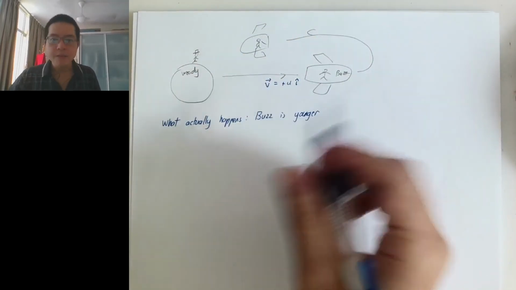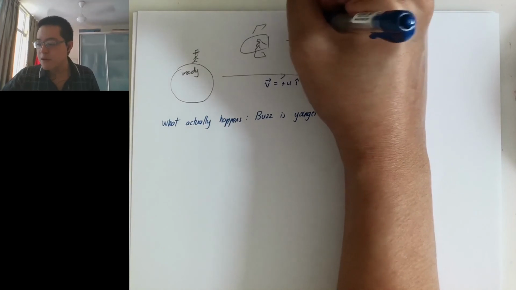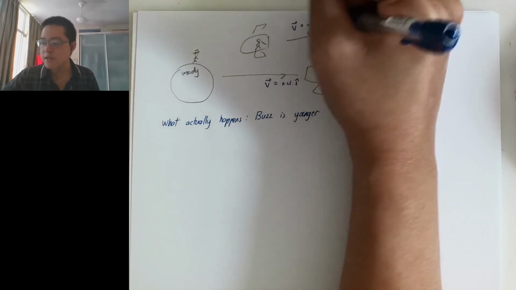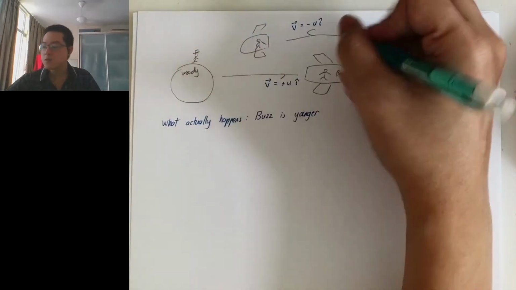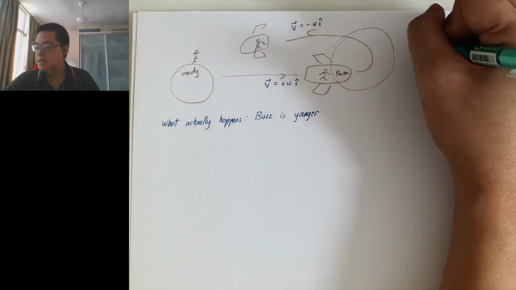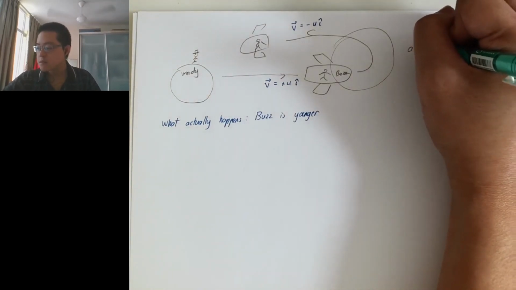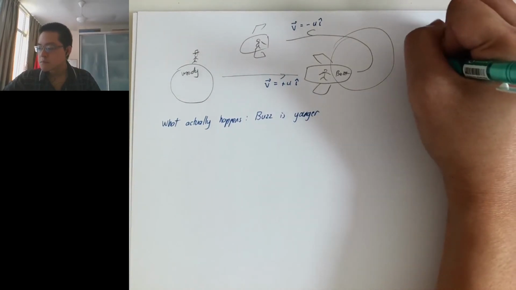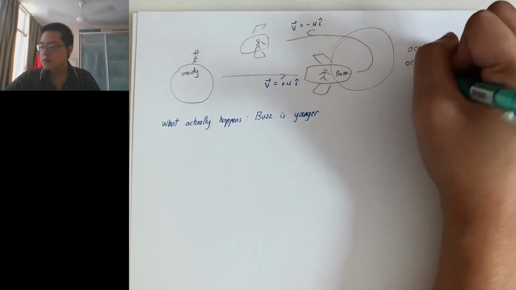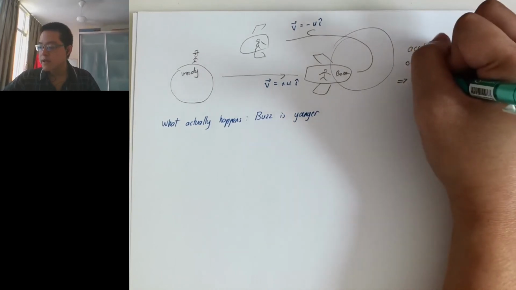When he comes back, the velocity of Buzz is in the opposite direction. So Buzz has changed velocity. That means an acceleration has occurred. So that means Buzz is not an inertial frame.